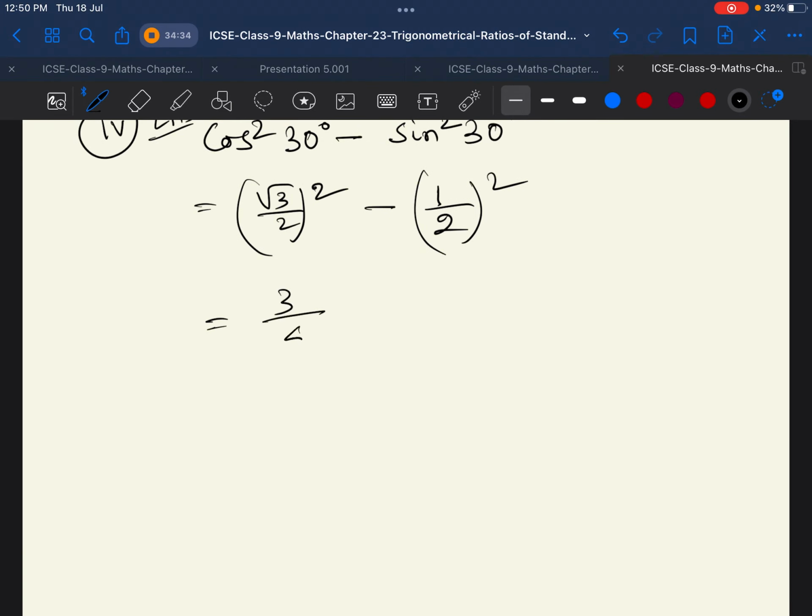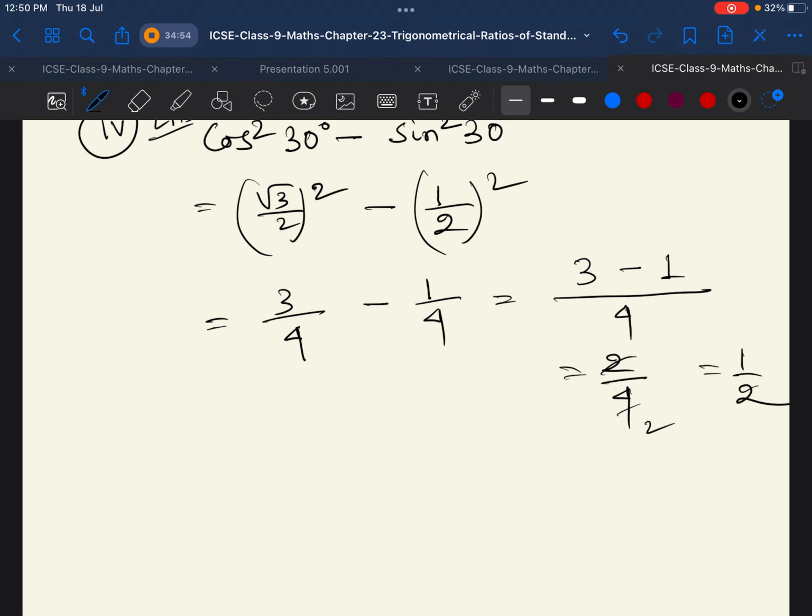Here root 3 square is 3, 2 square 4, minus 1 by 4. LCM is here 4. So 3 minus 1, 2 by 4. Now we have to simplify this term, then this will be 1 by 2.